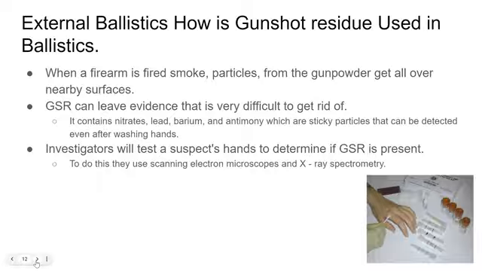It contains nitrates, lead, barium, and antimony, which are sticky particles that can be detected even after washing hands. Investigators will oftentimes test a suspect's hands to determine if GSR is present. To do this, they use a scanning electron microscope and X-ray spectrophotometry.